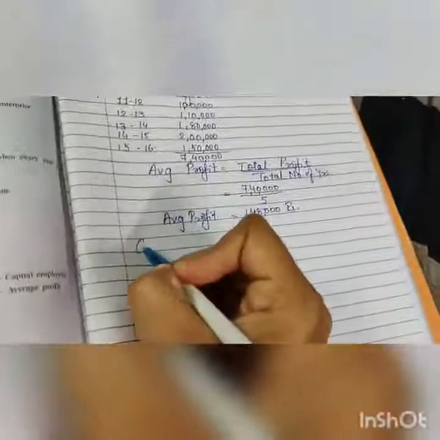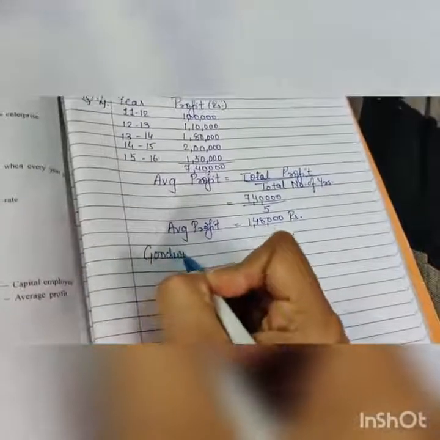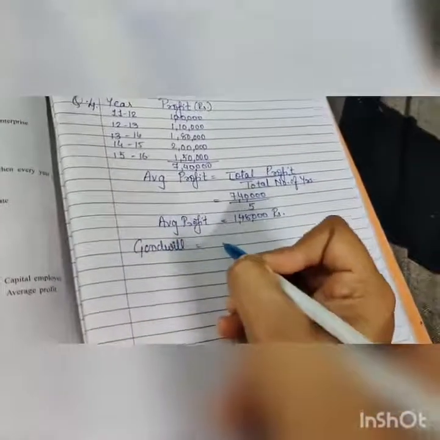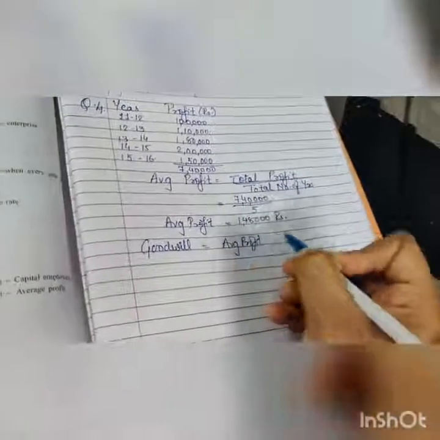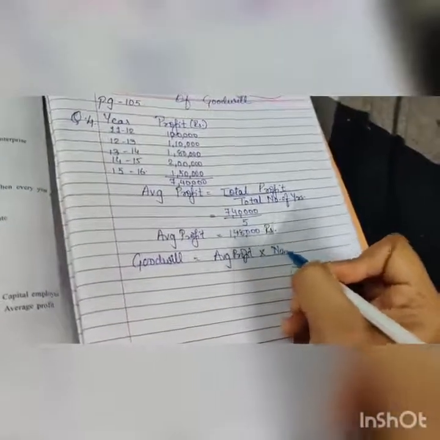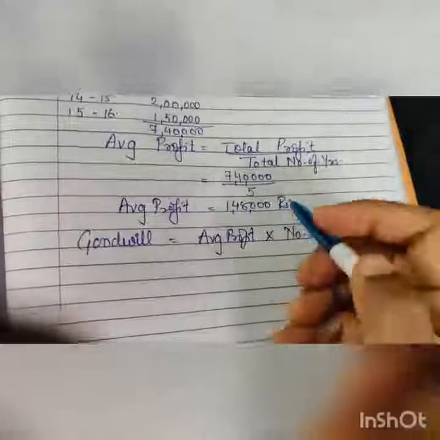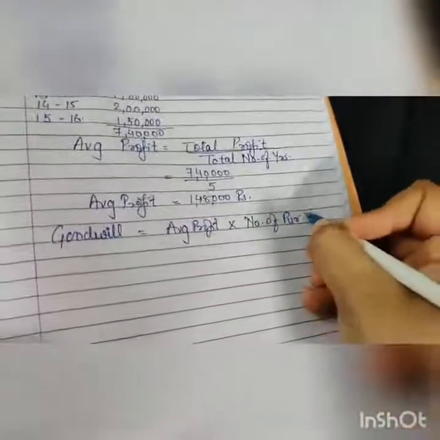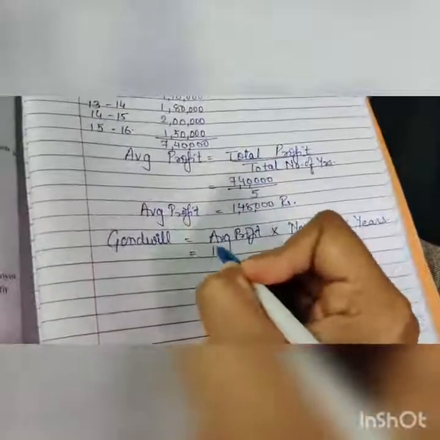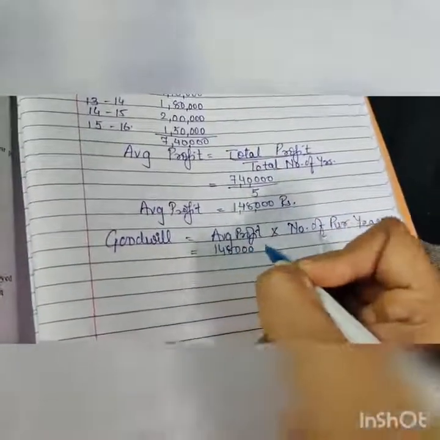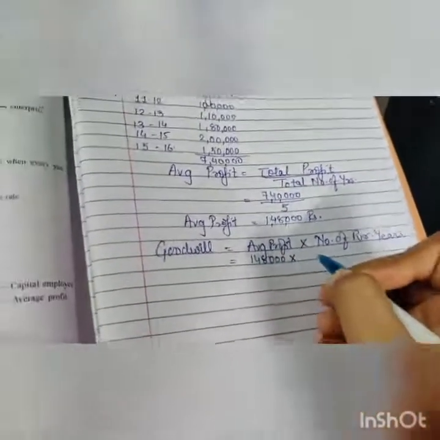So how you will find out the goodwill? Again you have to write down this, do not show directly multiplication. So goodwill is equal to average profit multiply by number of purchasing years. Okay, so what they have given, average profit 1,48,000 multiply by the number of purchasing years.